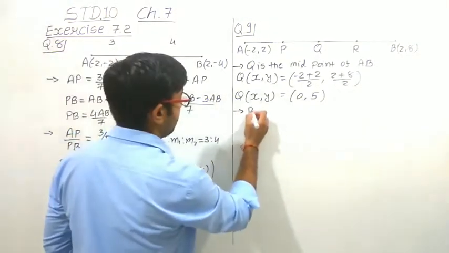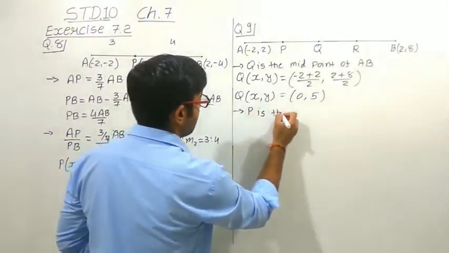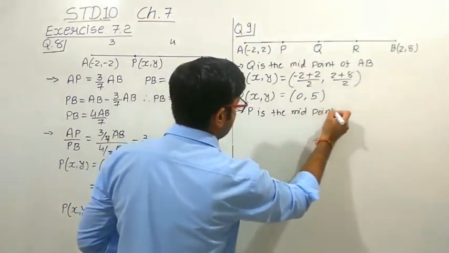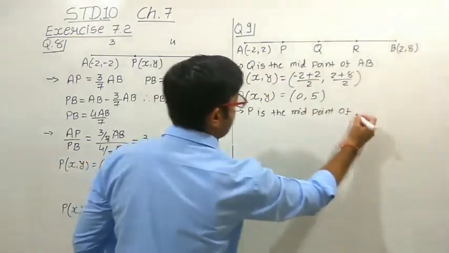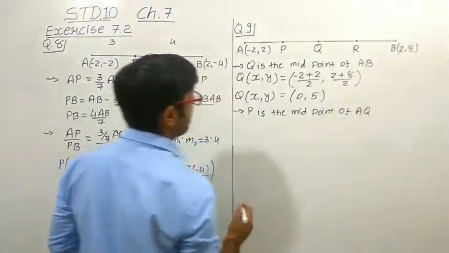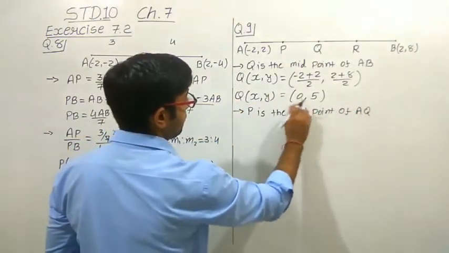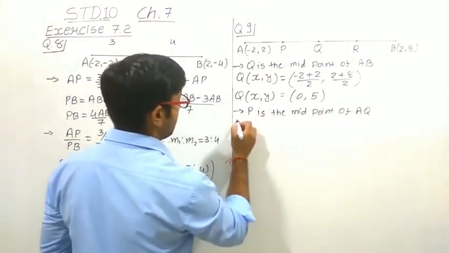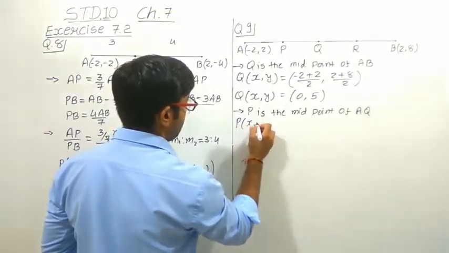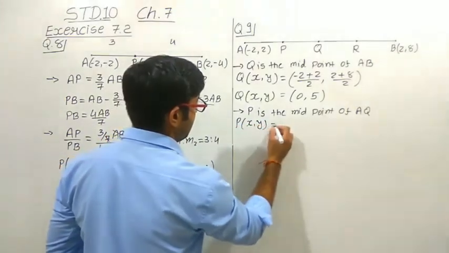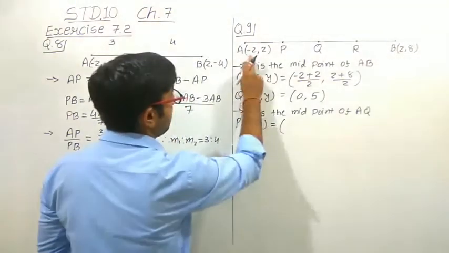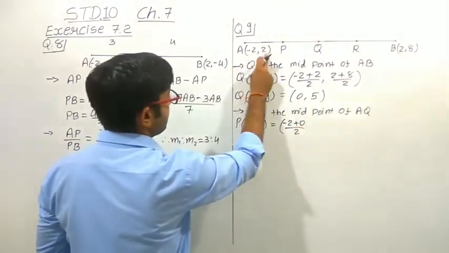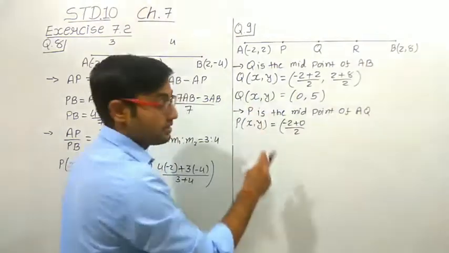So now we can write down, P is the midpoint of AQ, right? So now we have to consider this point and this point, A and Q. Again, suppose P has coordinates x, y, so we can write down the midpoint formula: minus 2 plus 0 upon 2, because x1, y1 is this and x2, y2 is this.